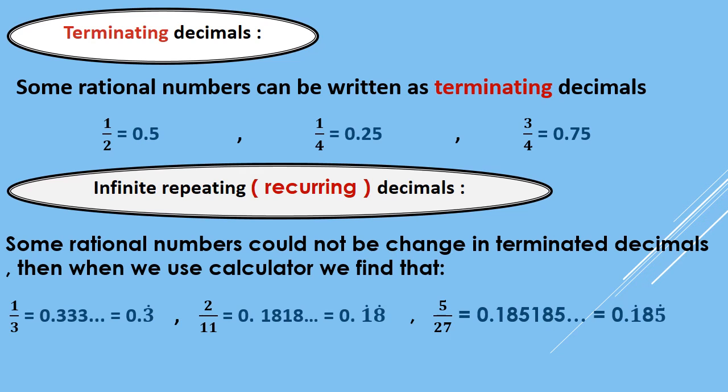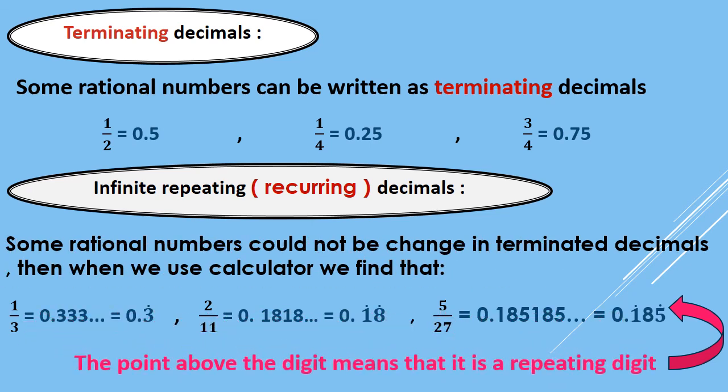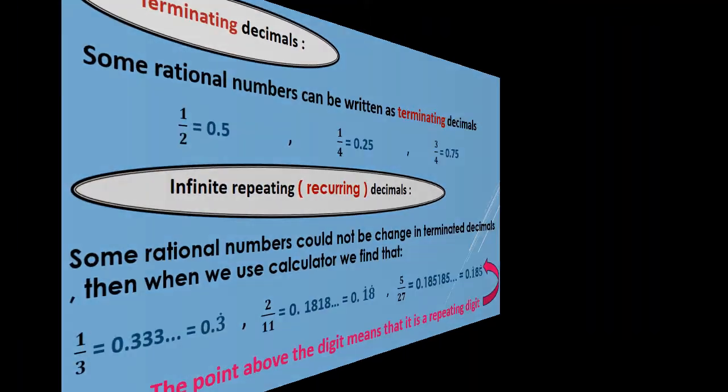So if we have 3 repeating digits, we put the point on the first digit and the last digit only. This means these 3 digits are repeating. The point above the digit means that it's repeating.